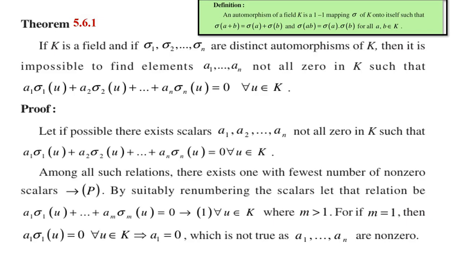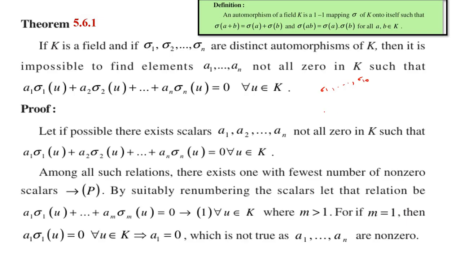The automorphism suffixes may be, say, 1 to 5. So among all such possible relations, there exists one with the fewest number of non-zero scalars. Definitely some of them are 0, some of them non-zero. Suppose I have up to 10, say sigma 1 to sigma 10.